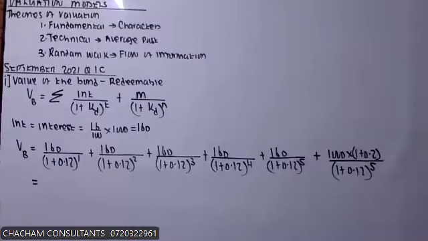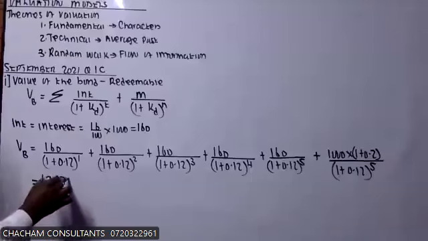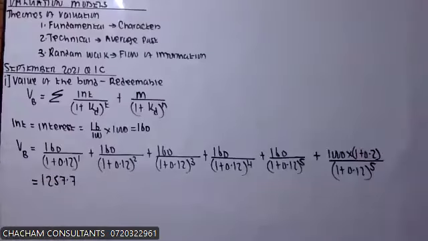So Zippy, you can check yours. 1257.6 or 0.7. 1257.7. I also have something close to that. So that is the value of the bond that is redeemable.